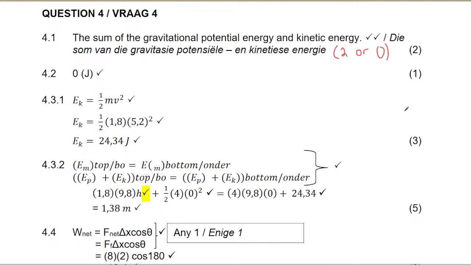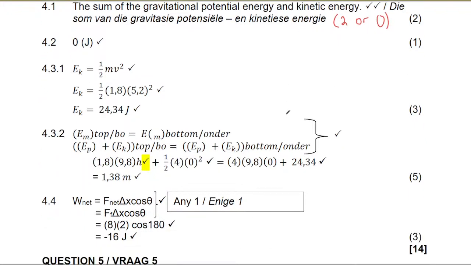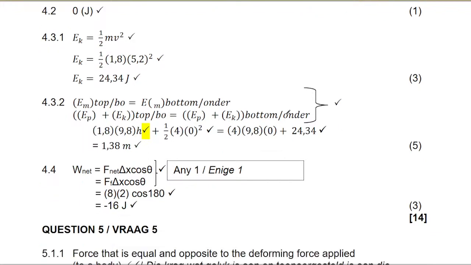And then number 4.4.2, calculate the height from which that brick was dropped. So we want the height, which means we are going to use mechanical energy there. That is why I think 4.1 was leading us when it says you must define the term mechanical energy.